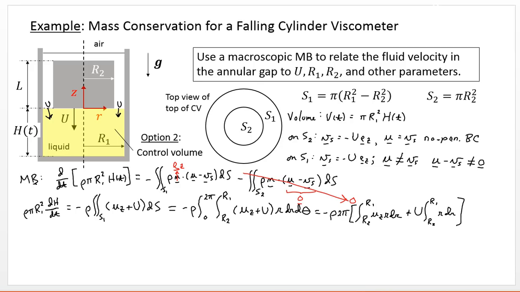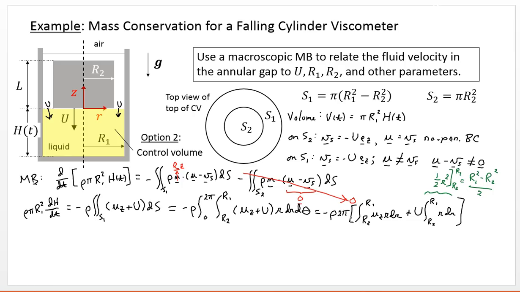Now, this second integral is simply 1/2 little r squared evaluated from R2 to R1. So in other words, it's equal to capital R1 squared minus capital R2 squared divided by 2.